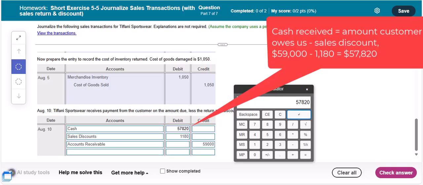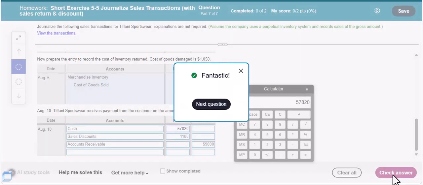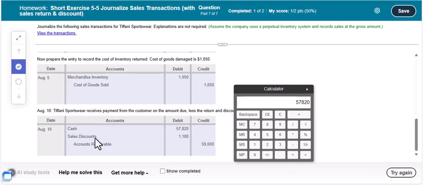So that now means our debits equal our credits at 59,000 on each side. And that is again why we also had to put the debit here on the sales discount side and the cash side. And let's go ahead and check our answer. Fantastic. And to quickly review, if you had put that sales discount on the credit side, the transaction would not have balanced. So that is another reason we debit sales discounts.